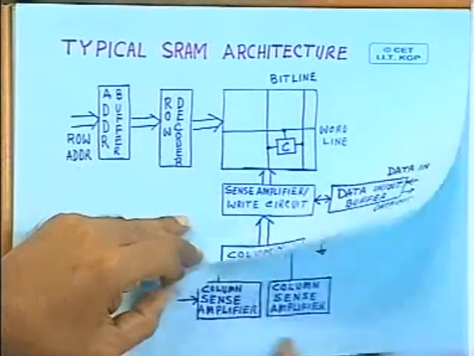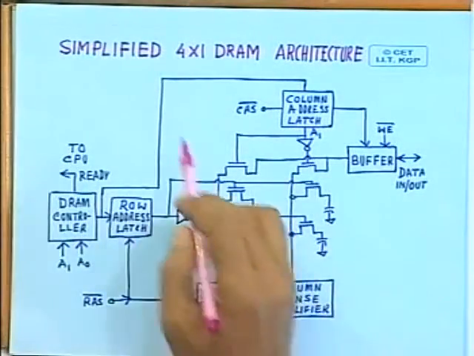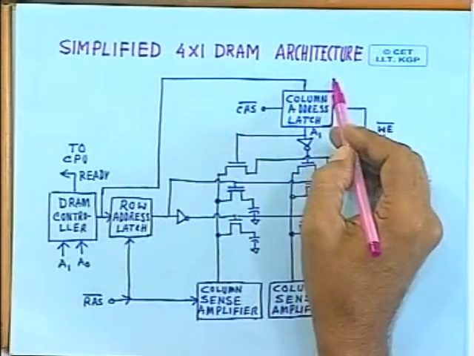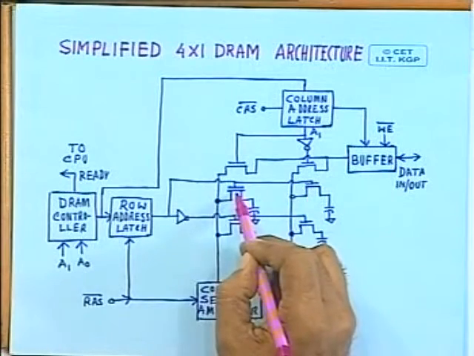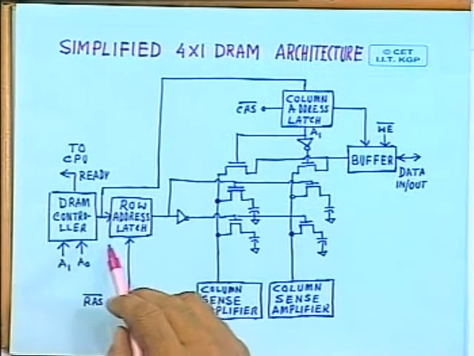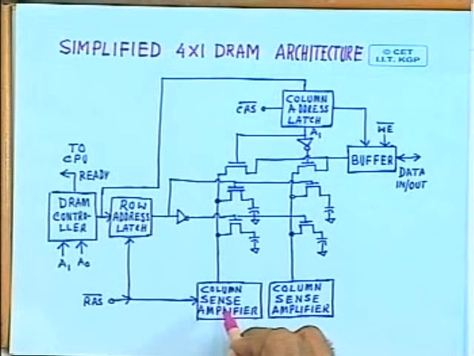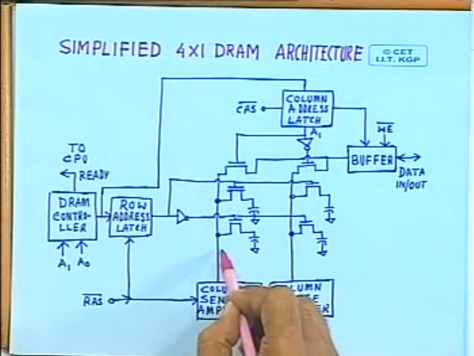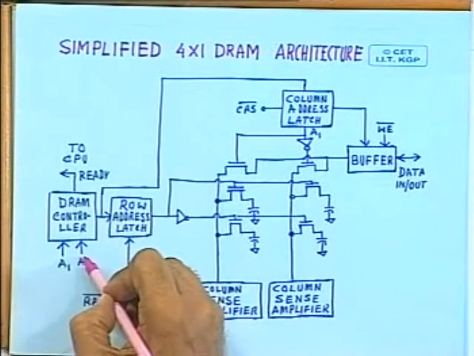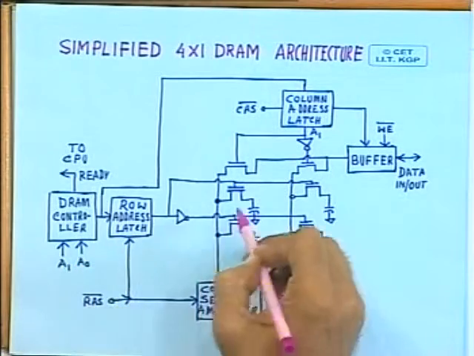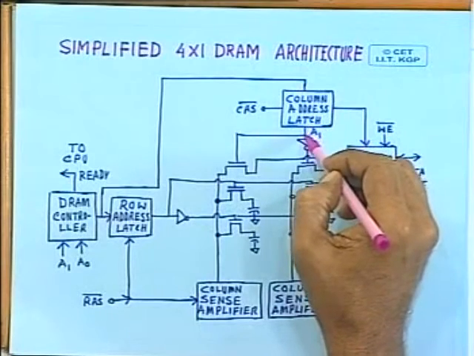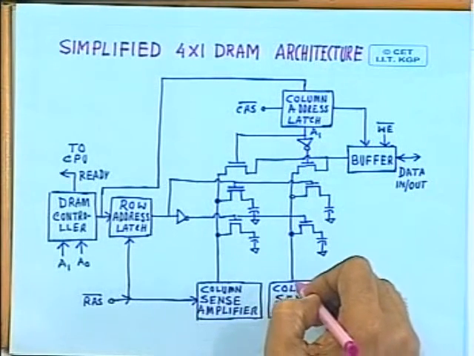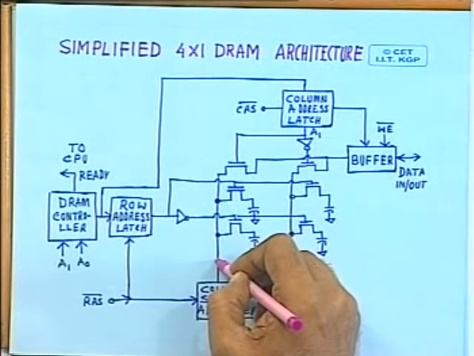And similarly, I have shown a simplified DRAM architecture just to illustrate how it works. See here, each cell is only a single transistor cell, and in the same way you use the row address and column address. As you can see here, the row address and column address are amplified, and here only two address lines are needed because you have only 4 cells. The column address latch is here, row address information is held here, so the column address amplifier is here.